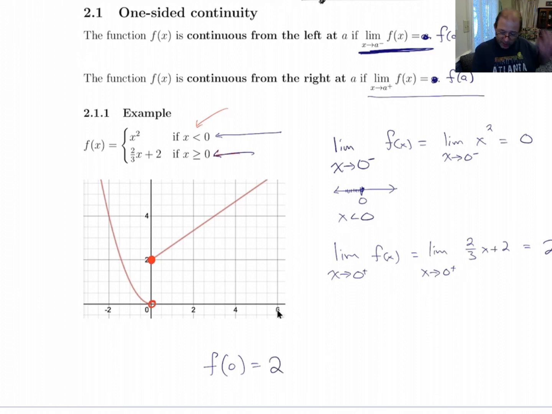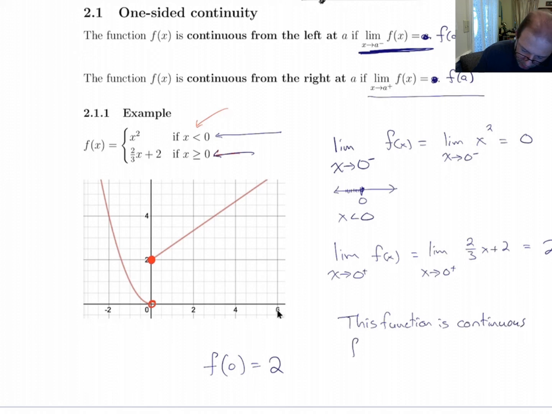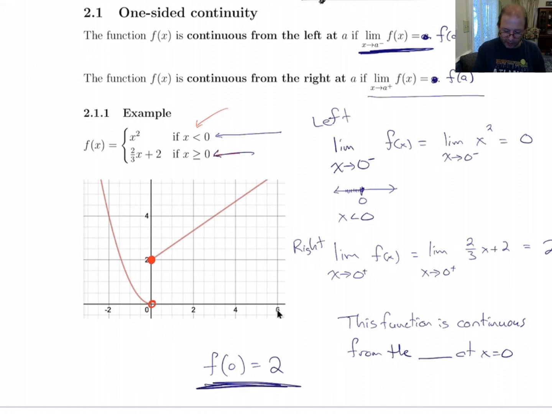So what we'd say is at 0, this function is continuous from which limit worked? The left or the right? Which limit was equal to the function value? The right one. So this function is continuous from the right at x equals 0.